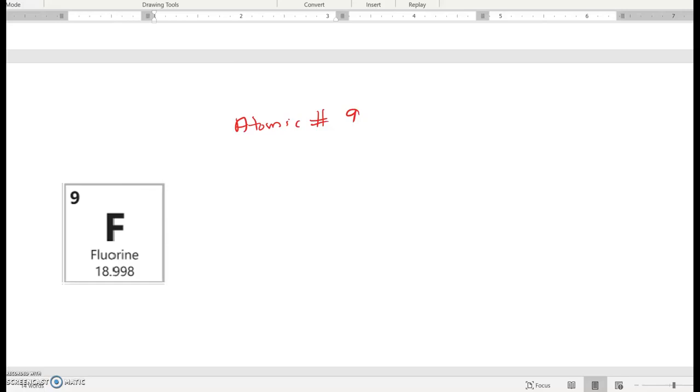That means there are 9 protons. For the number of neutrons, we're going to subtract from the atomic mass. So that's going to equal, we're going to round this mass to 19 minus the 9 protons, and that's going to give us 10 neutrons.